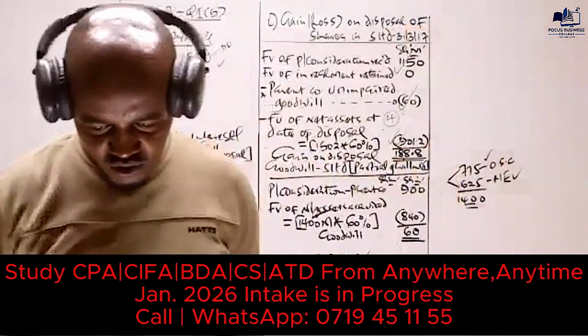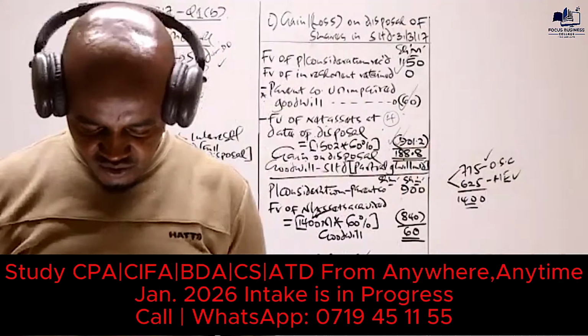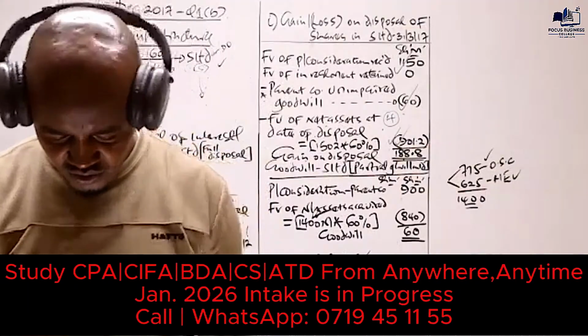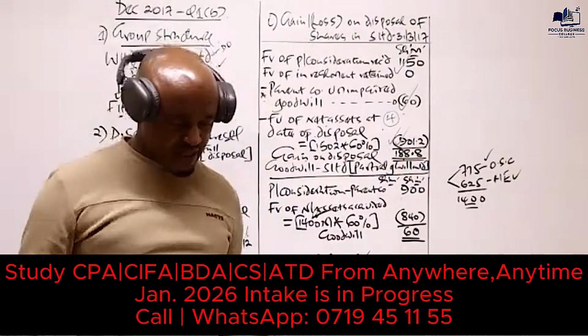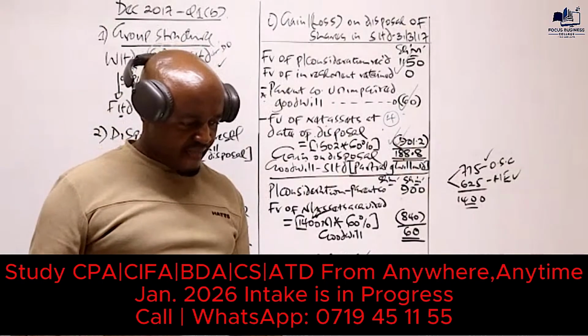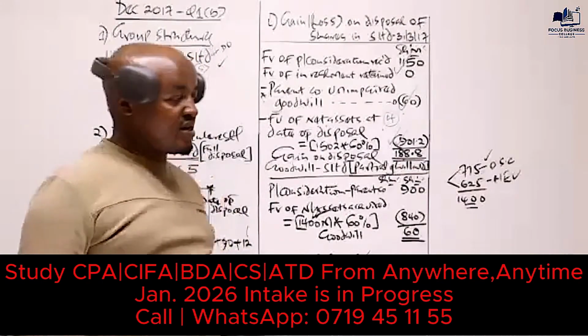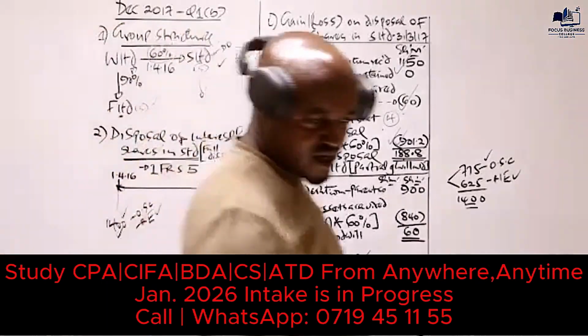So let's move now to the other part of the question. What we are required to do is prepare the consolidated statement of comprehensive income for this year. So let's prepare that one.